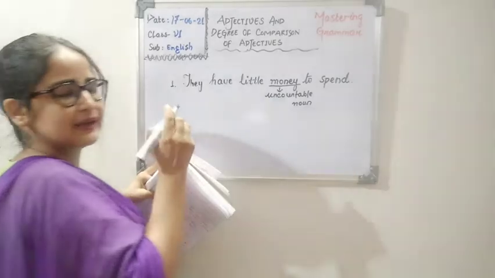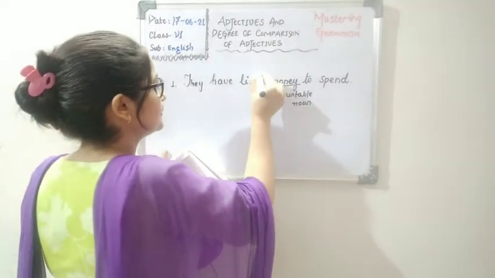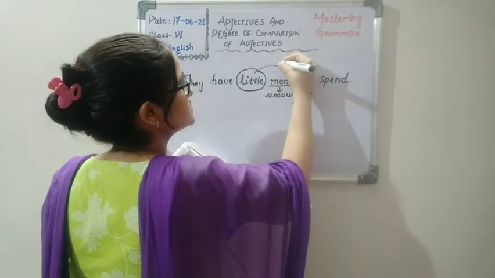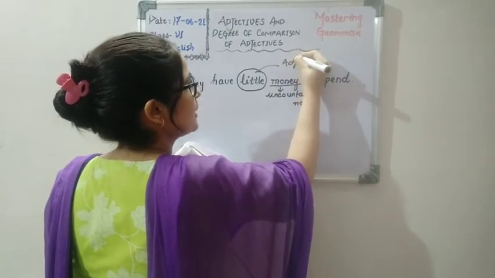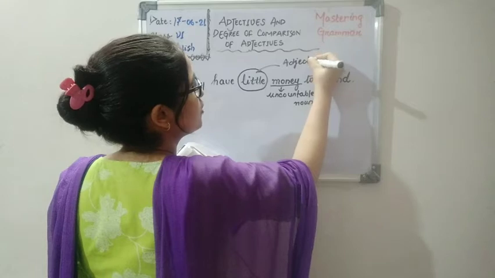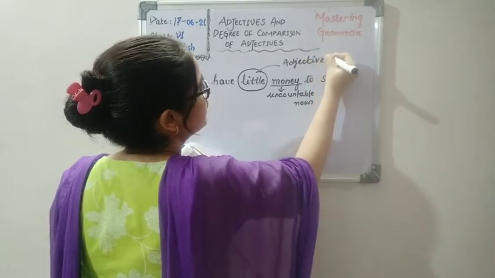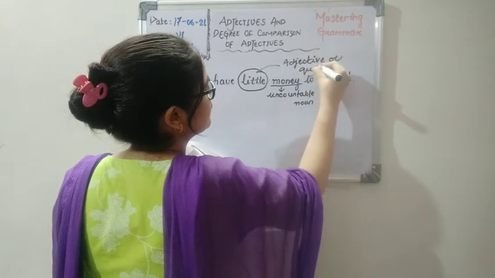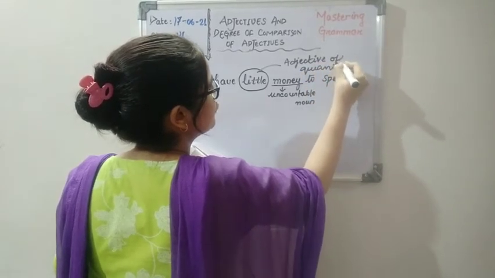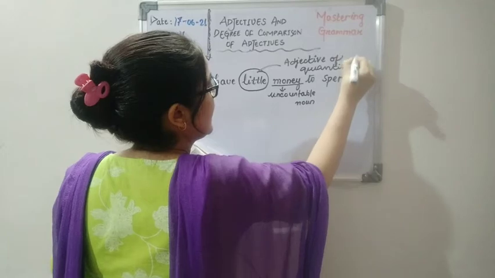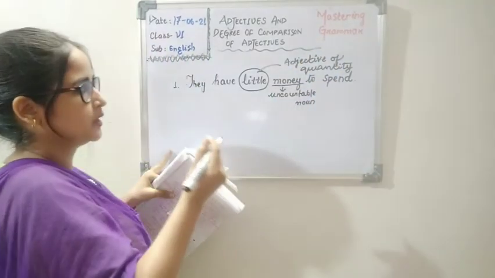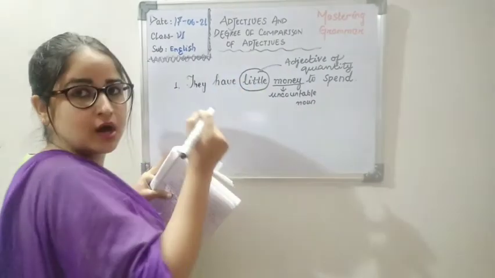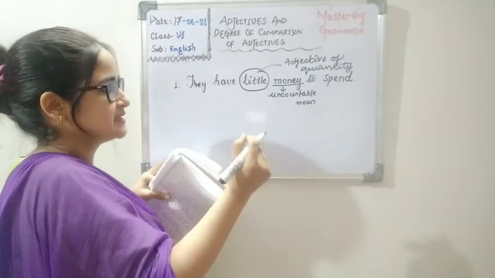That's why we are left with the use of only adjective of quantity, right? So you have to use adjective of quantity for uncountable nouns. So adjective of quantity has to be used before an uncountable noun. Now you will be using a little or little only.